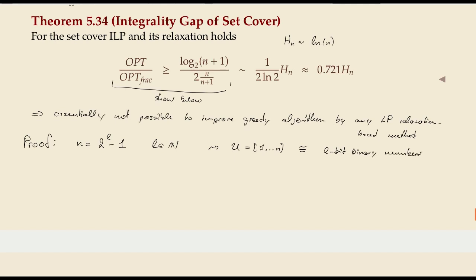And we will use, to just define the sets conveniently, this number representation, in that we view a number i in U as a vector, which is essentially just the binary digits. So we use the binary representation of this number.